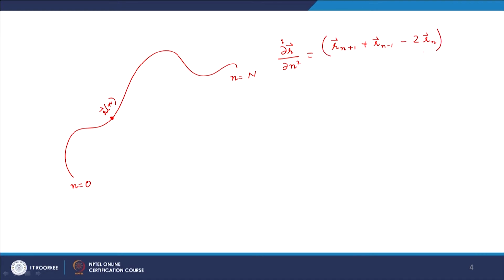It has to be divided by Δn², but Δn is equal to 1 in this case, and increases in increments of 1.